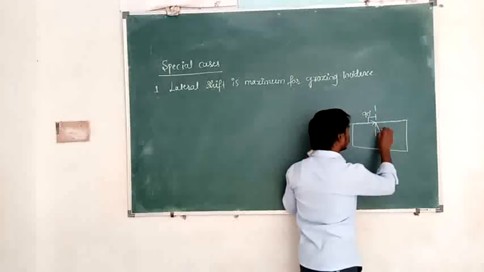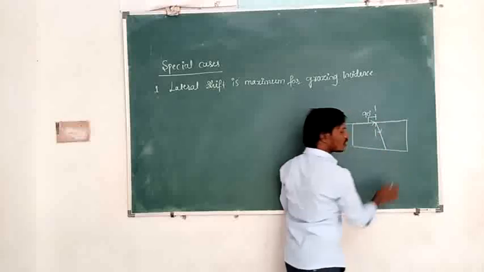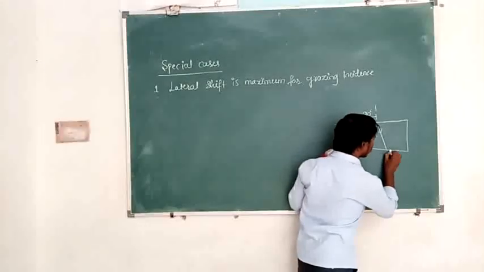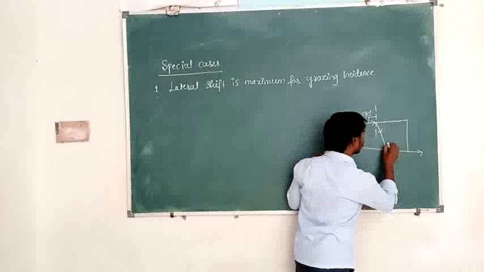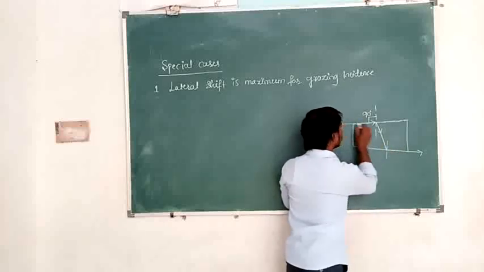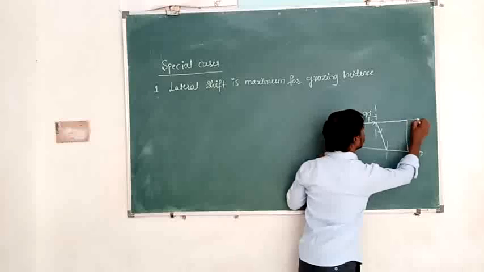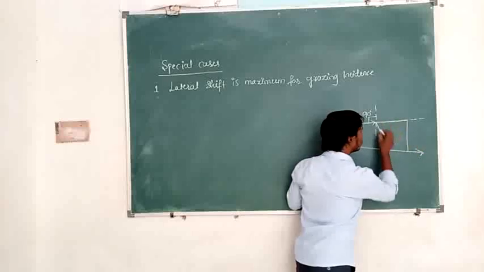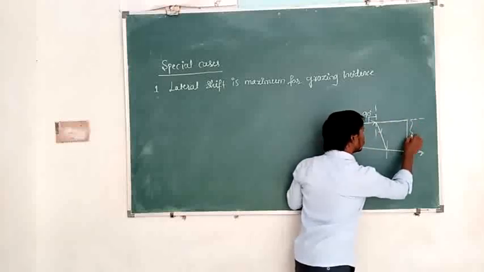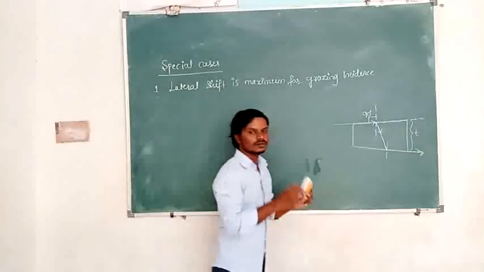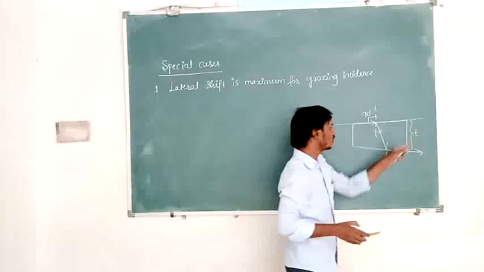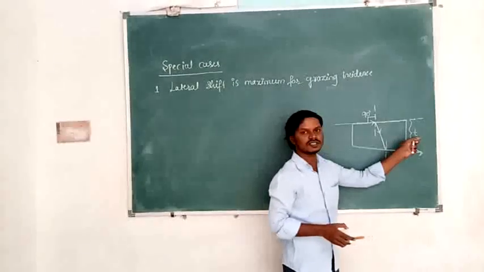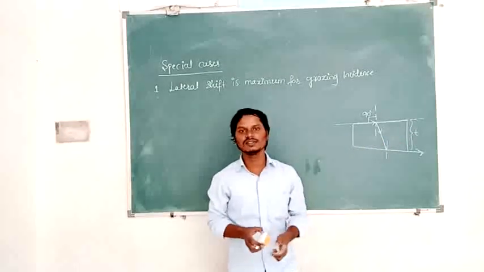After refraction, the refracted ray is the incident ray for the second surface, and the emergent ray grazes along the second refracting surface. The distance between the extended incident ray and the emergent ray is called lateral shift. Here lateral shift is equal to the thickness of the slab, so lateral shift becomes maximum.